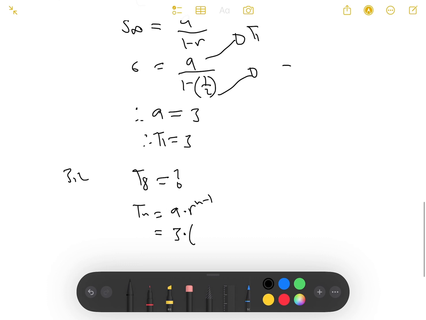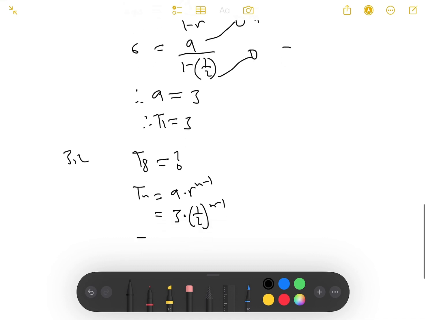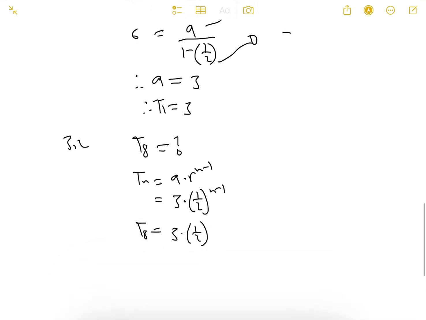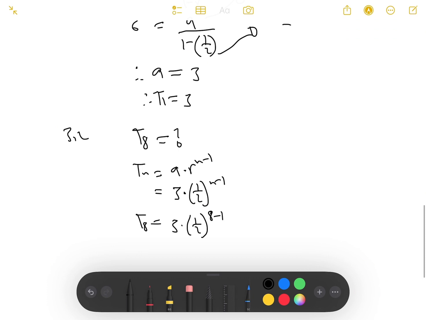The ratio is given as half, and then n minus 1. Therefore, T8 will be equal to 3 times half to the exponent 8 minus 1, right? And then 3 times, in brackets, half to the exponent 7, basically.